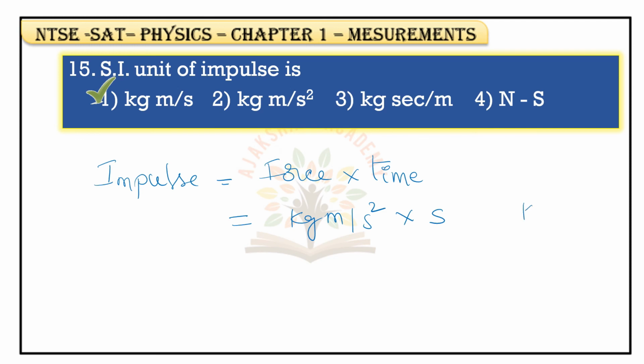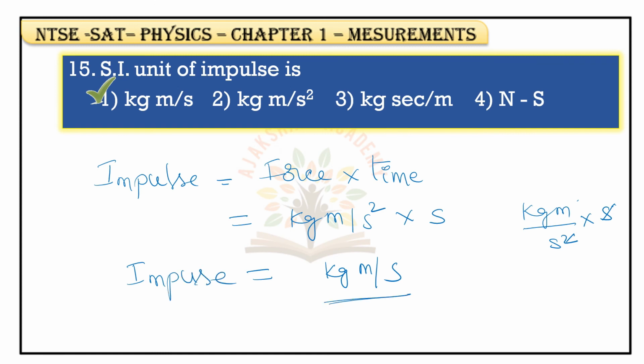So kilogram meter per second square, into time, s is the unit of time, second, one s cancels. So the impulse unit is kilogram meters per second. So the SI unit of impulse is kilogram meters per second. Okay, first option is correct.